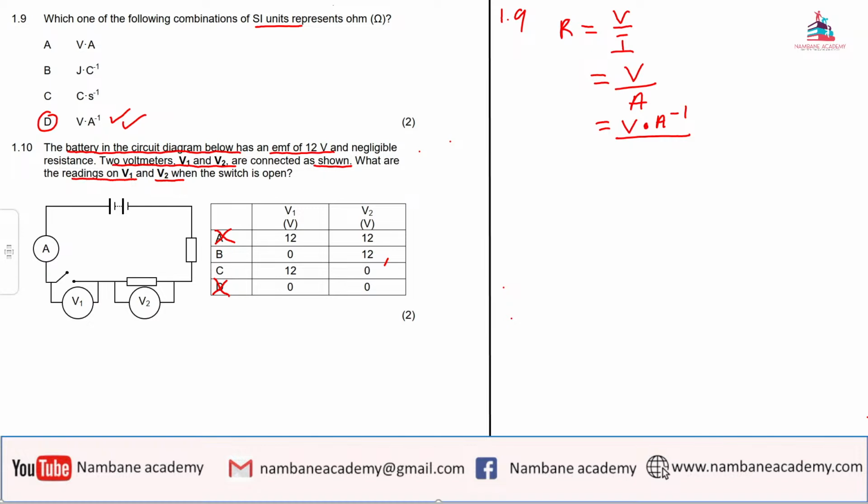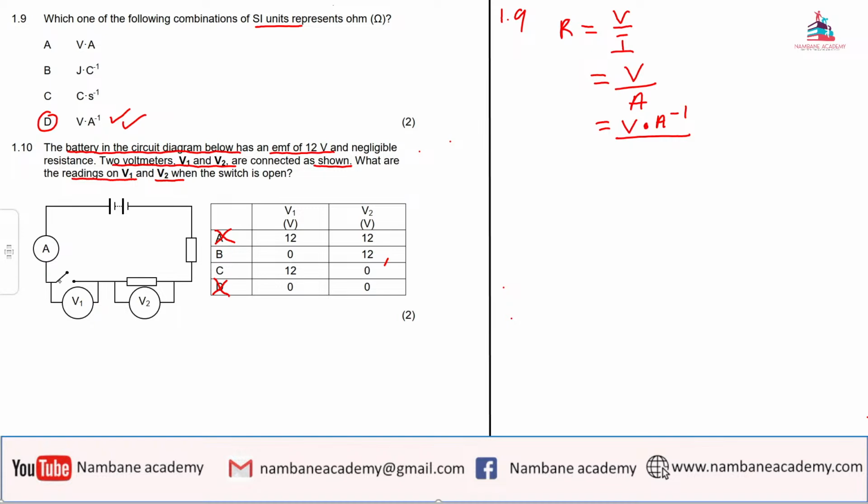And why at A does it say it cannot be 12-12? Because once we have the current flowing, that 12 of the battery will be divided at V2, and will also be divided at this resistor here. So there's no way it can be the same as the potential difference of the battery or the EMF. So I am only left now with B and C. But what does that say?